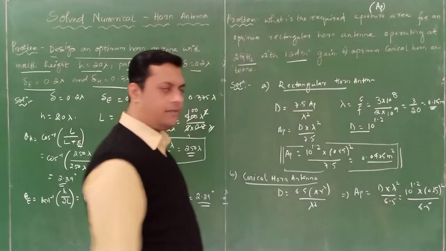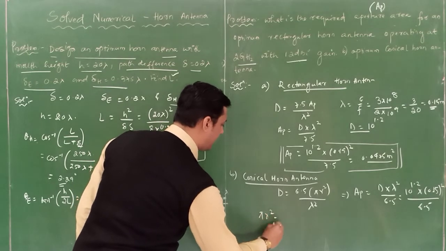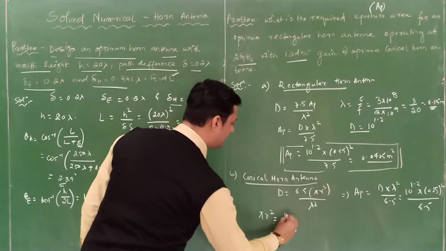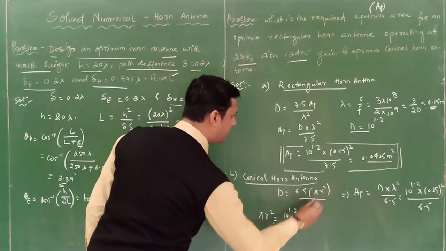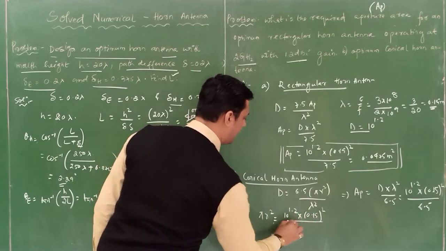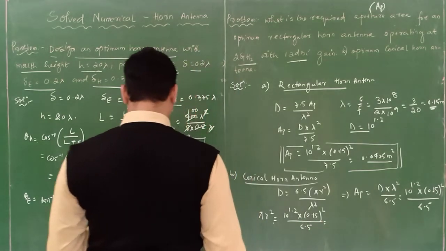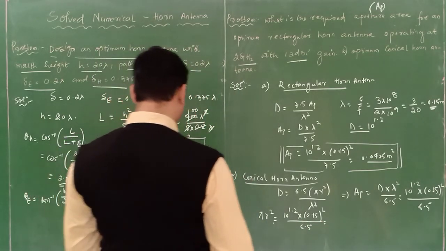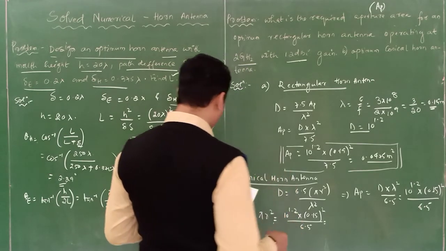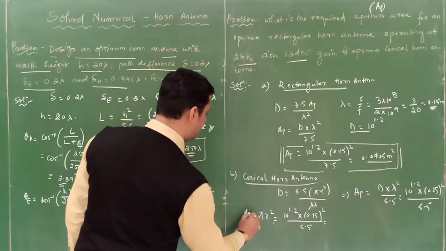So if you solve this, you will get around pi r square is equal to 10 to the power 1.5 into 0.15 whole square divided by 6.5. If you solve this, your area will become, so this is your aperture area.